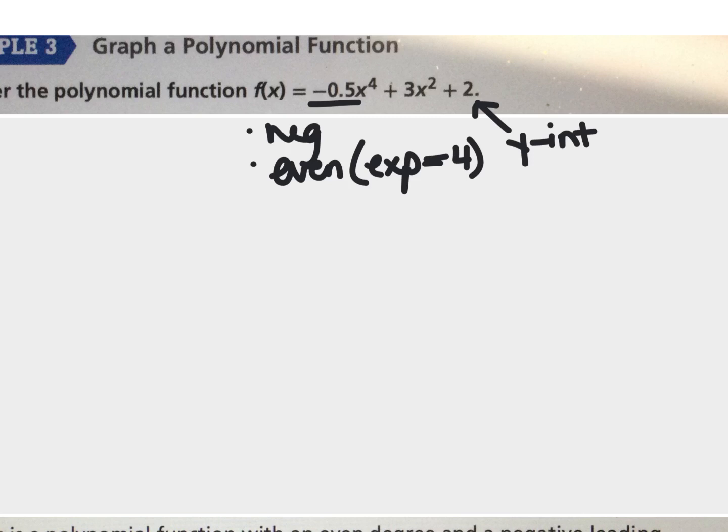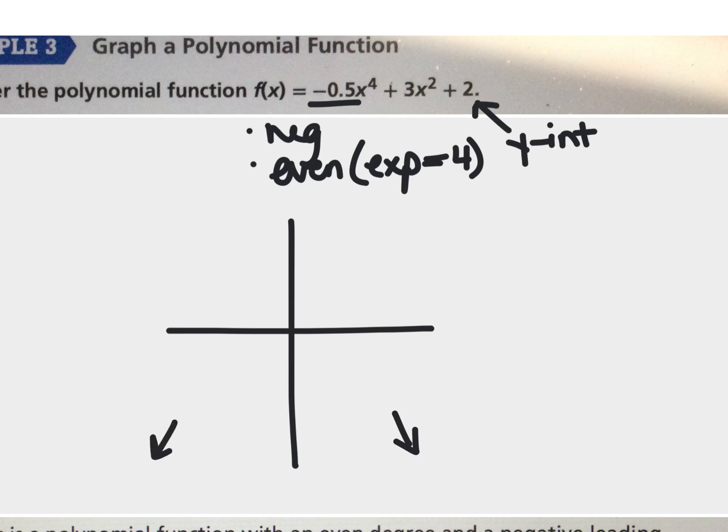So some things that I know about this graph at this moment are that it's negative, so on the right side it's going to go down. It's even, which means the left side should match that. And then I also know that it's going to have a y-intercept of 2.